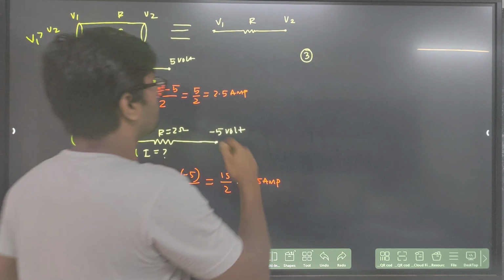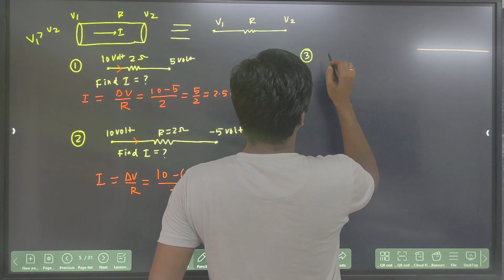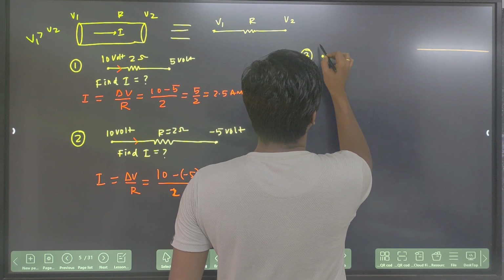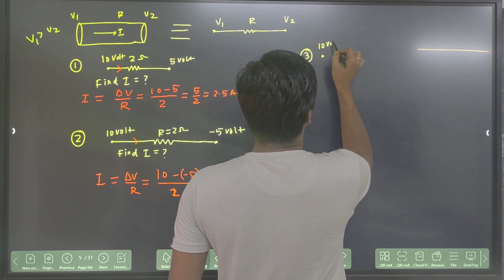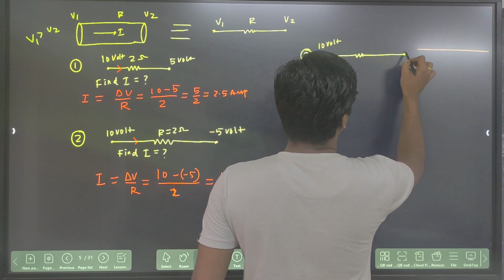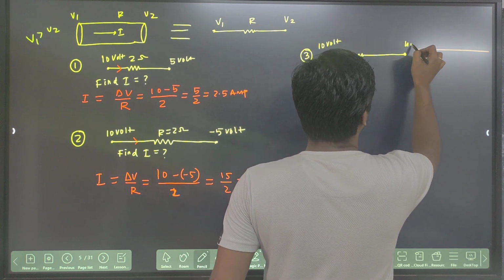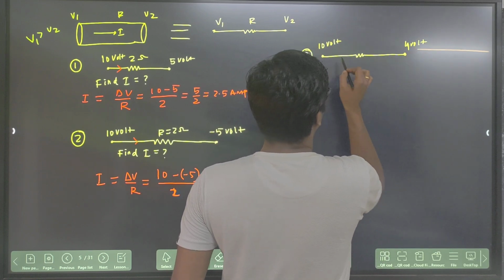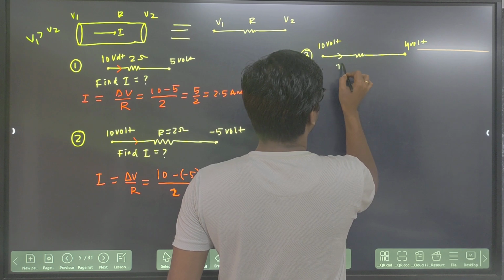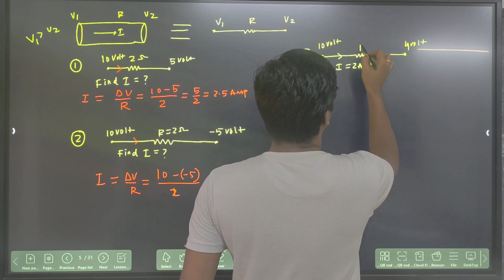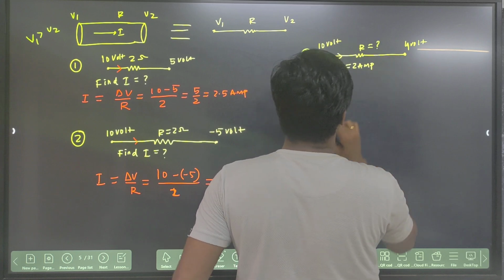Okay, so here what it is saying is, let's take 10 volt on this side and 4 volt on this side, and the current flowing here is I equal to 2 ampere. You have to find out the resistance value.